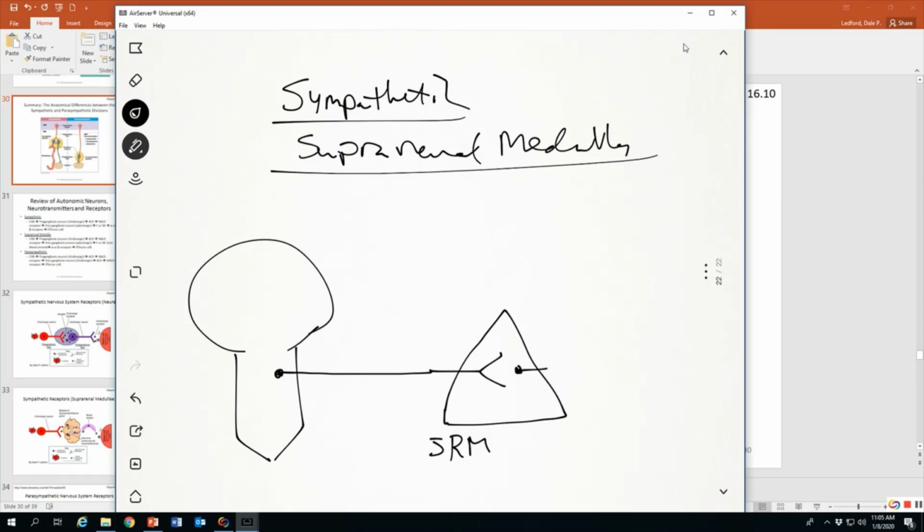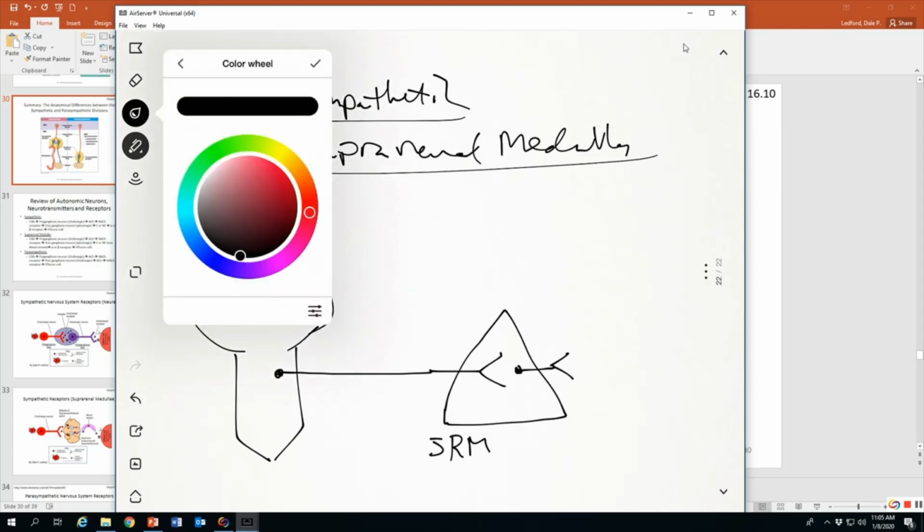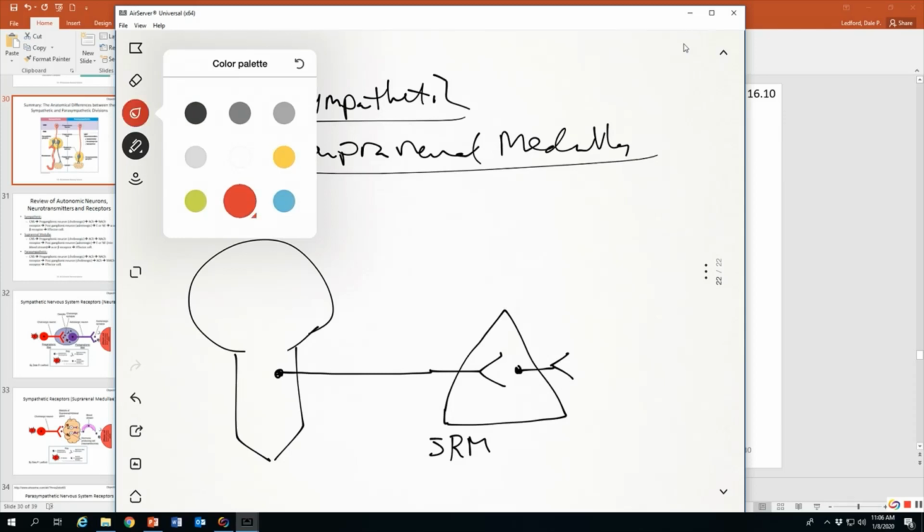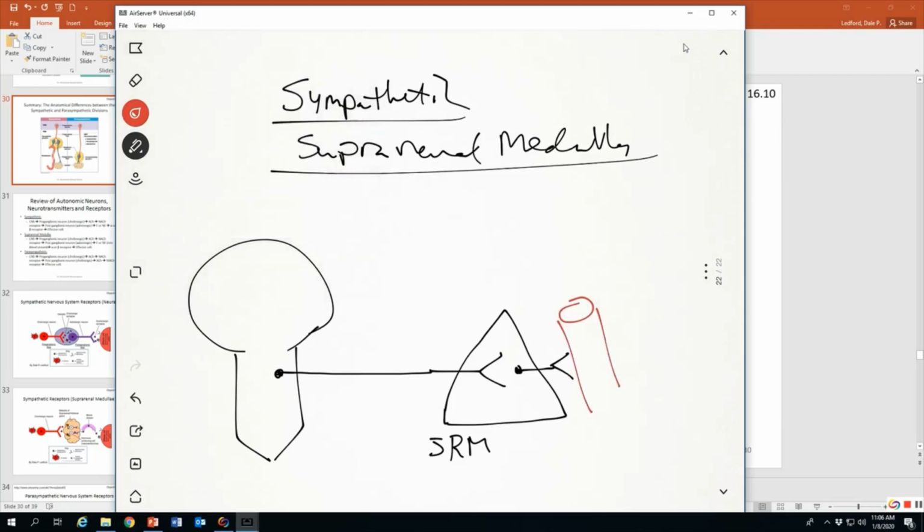Right here, the suprarenal medulla is this triangle. In the suprarenal medulla there will be another neuron, and it will be very short, and it will release its neurotransmitters into the bloodstream. Then we can go to our target effector cell, like the heart.